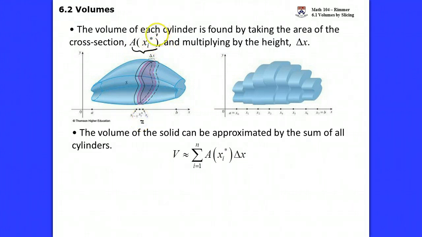So I have this area of the base, and I multiply that by the height, and that gives me the volume of that particular slice. I have 1, 2, 3, in this picture 4, 5, 6, 7 of them. So in this picture n is equal to 7, and I sum the 7 volumes, and I get approximately the entire volume.